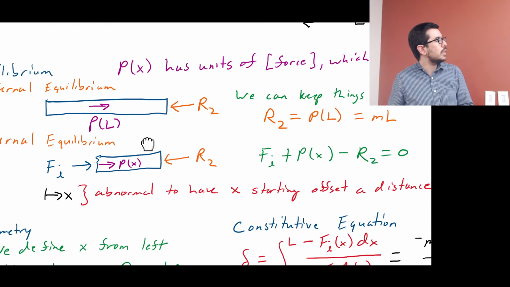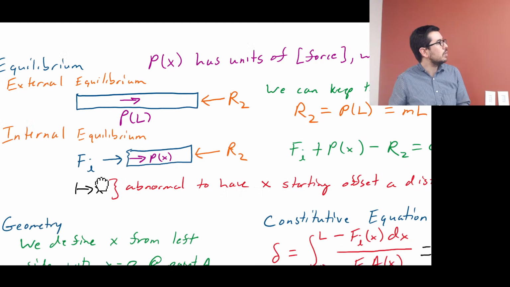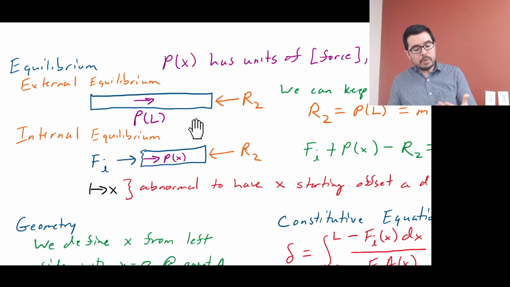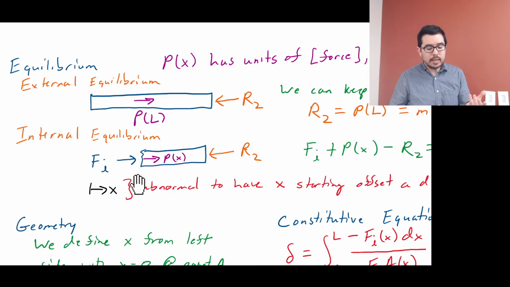Now, what if we start taking some slices? Let's take a slice and expose the left side. If we do that, when we do internal equilibrium now, as for external equilibrium, essentially what we're saying is treating this x as the length. But that's like the whole force acting on the system. If I take a slice here, I want to know what the force is acting on the system, externally.